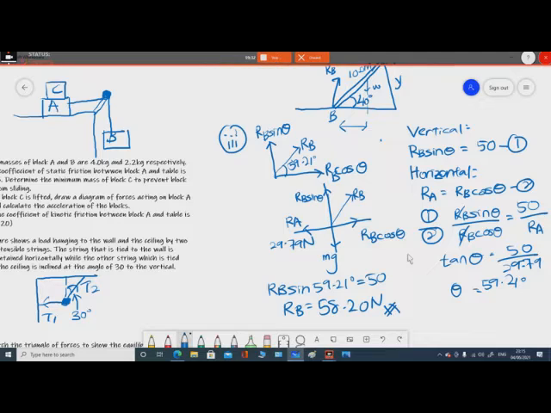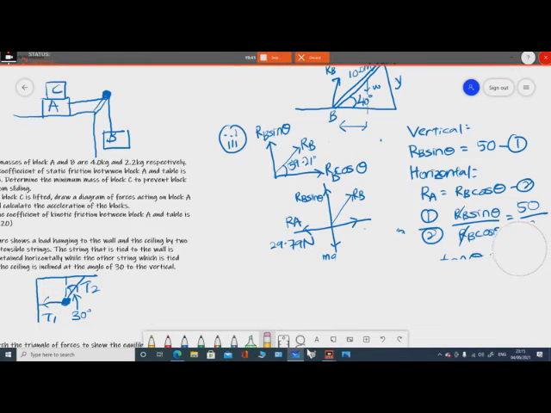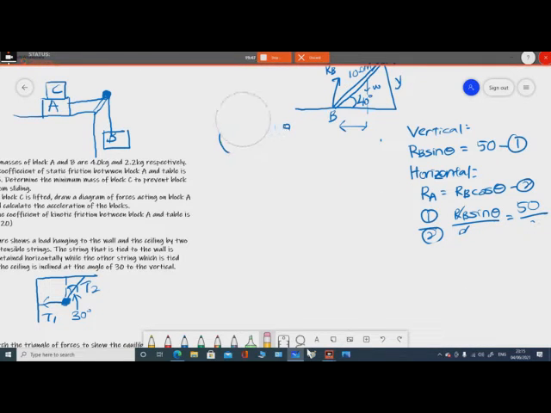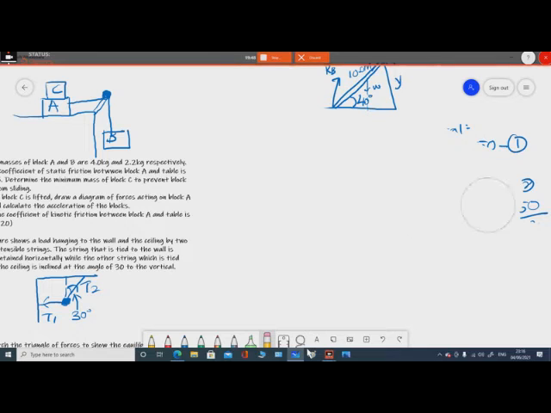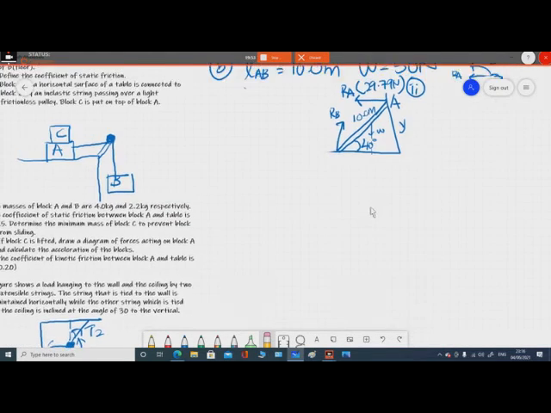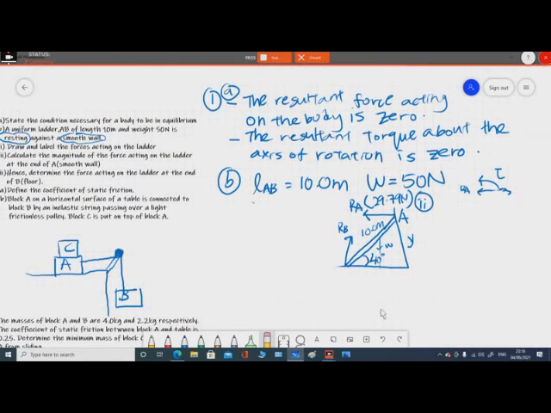So this is the way we resolve the forces step by step. Okay, let's move on to the second question. Let me erase this one, and this one as well.